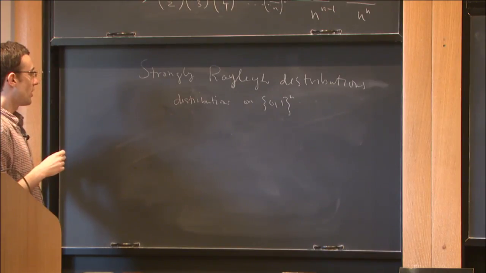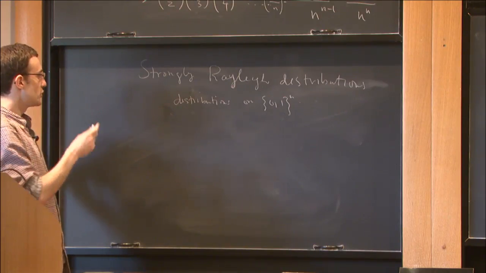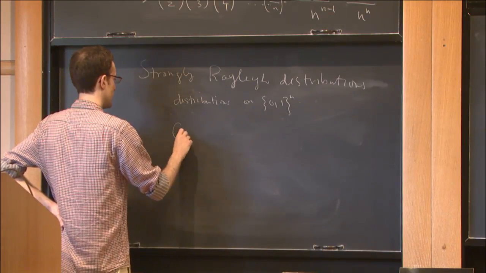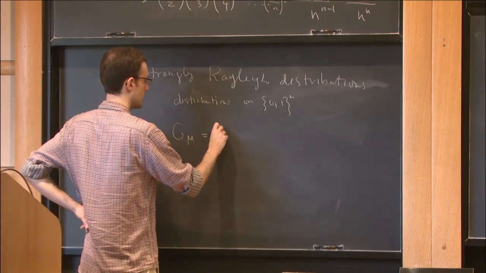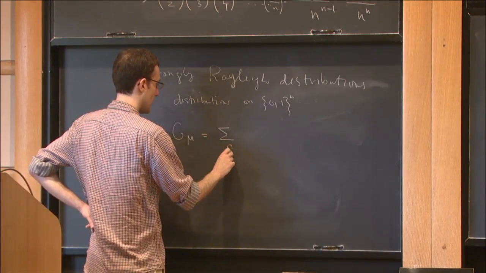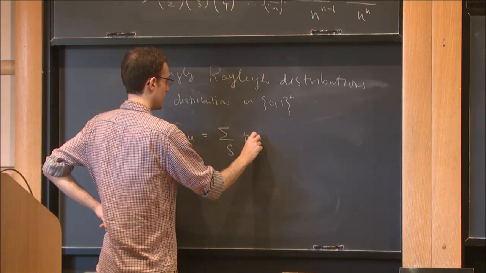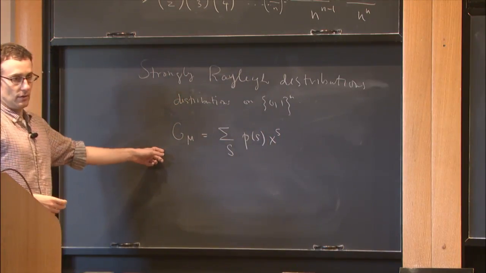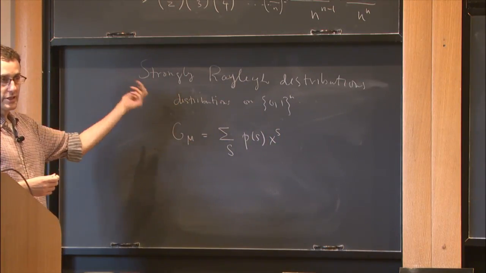These are distributions where you write out G_mu as the sum over s of the probability of s times x^s, this sort of probability generating function.